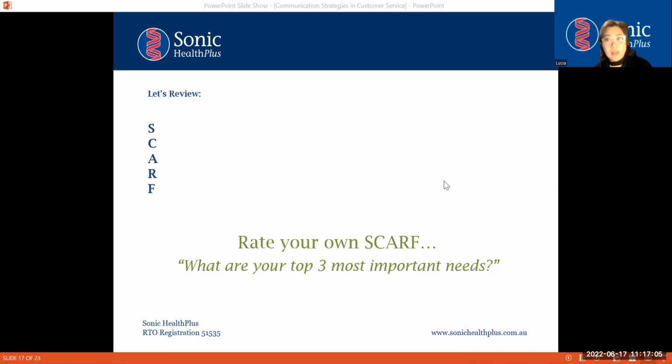Even when you're motivating your staff, you can use the SCARF. You start looking at your team and think, who is an S here? Who is a C? Who is an A? Who's an R? And who's an F? And then start motivating them using what they really value, because you can't motivate a person if they don't feel that it's important or it doesn't speak to them.